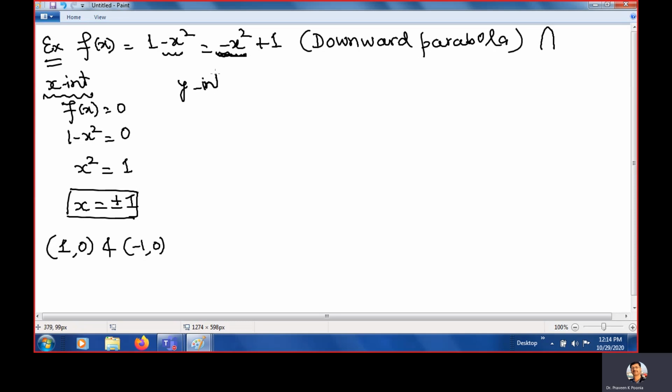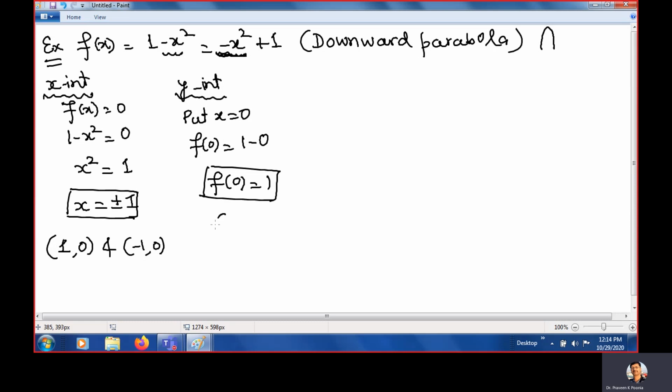And if we try to find the y-intercept, put x equal to 0. So f(0) is equal to 1 minus 0, and f(0) is equal to 1. So 1 is the y-intercept. That means the curve will cross the y-axis at (0, 1). These are the x points. This is the y point.